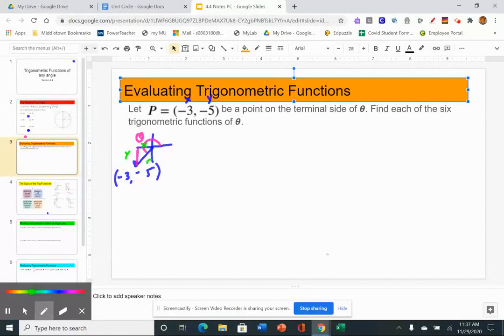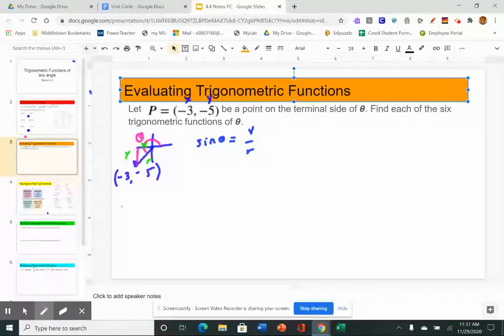So first we will do sine. The sine of theta is y over r. Now notice we don't have an r. So in order to get r, I'm going to do r equals the square root of x squared plus y squared. So it's basically like you're finding the hypotenuse of a right triangle using the Pythagorean theorem.